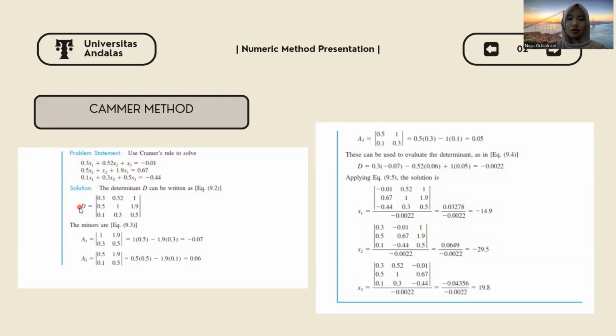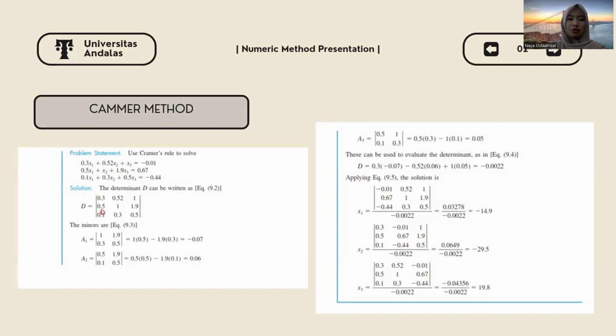So we can divide it down into x1, x2, and x3 by the matrix 0.3, 0.52, 1, and 0.5, 0.1, 1.9, and 0.3, 0.5, and then we can evaluate the determinant.